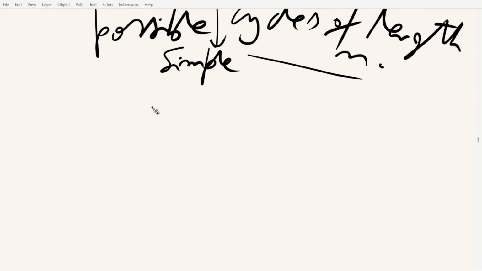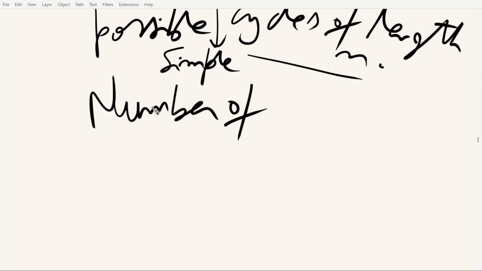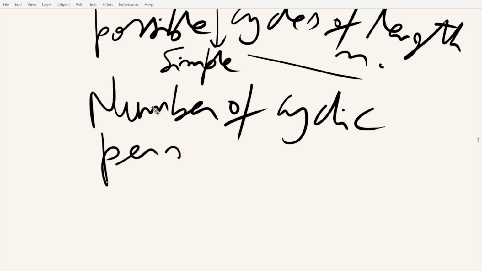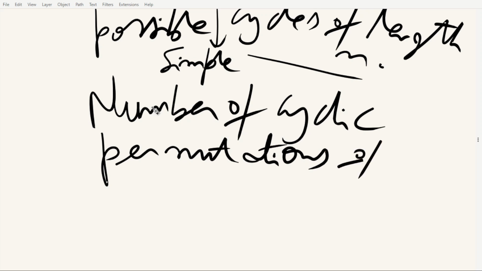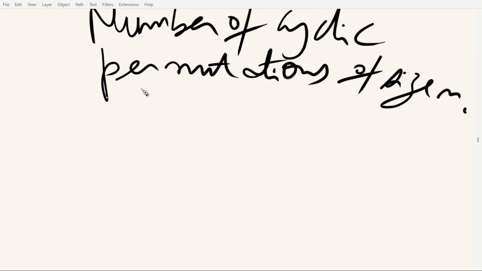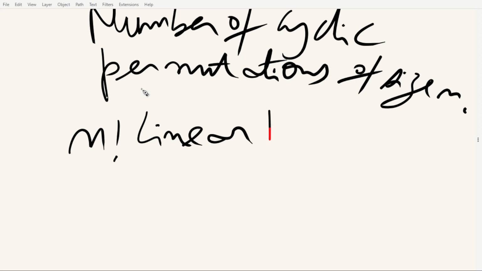So we have to compute the number of cyclic permutations of size n. This is easy to compute. For linear permutations we have n factorial.